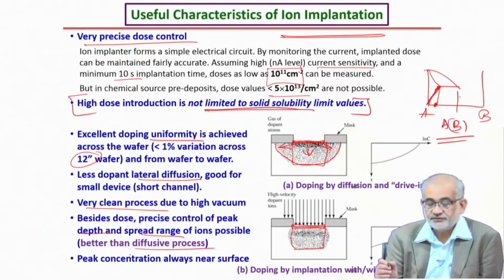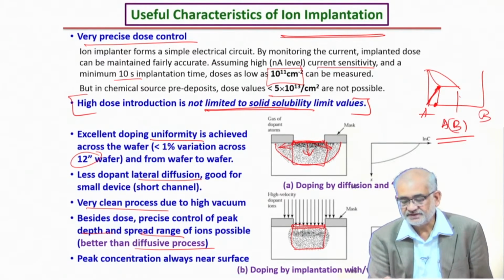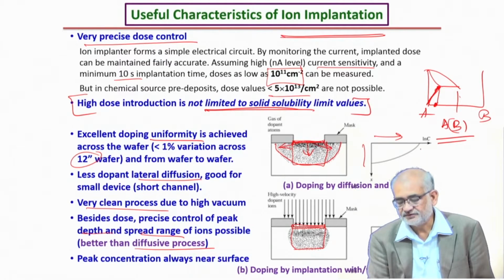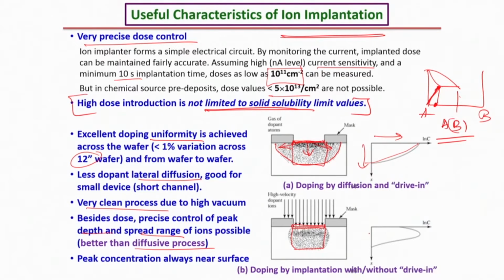And also what we know is that the peak concentration, say typically in a diffusion control process, if this is the concentration and this is the depth, the concentration will be highest at the surface and then it will decrease as you go below the surface. In case of ion implantation, the peak concentration is not at the surface but slightly below the surface. But even then, this peak is not way below the surface.